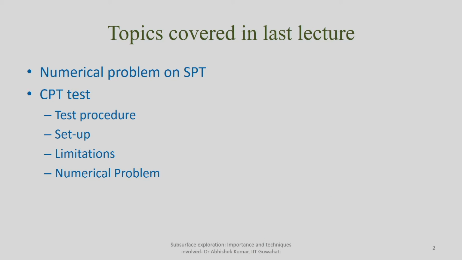Then we also talked about the cone penetration test, that is the CPT test. What is the test procedure to be adopted in the field, how you measure, how you lower the penetrometer, and what the different field parameters are that you have to record at the site of interest, including sleeve friction and cone tip resistance, and at times pore water pressure, which we measure by means of transducers.